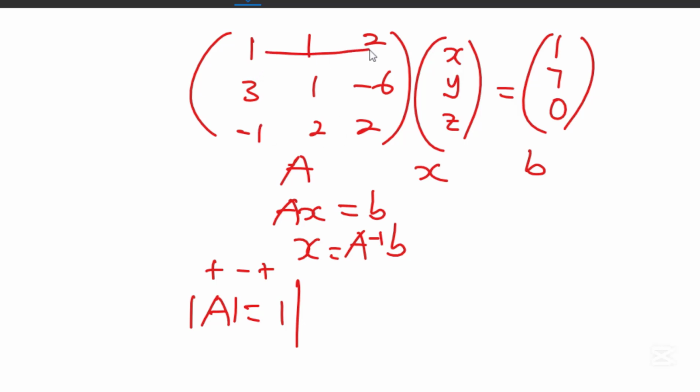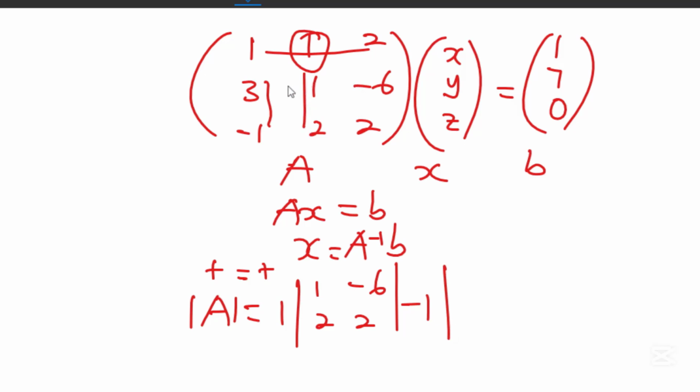So here we delete this and then we delete that, and it will be left with 1, negative 6 and then 2, 2. Then the next one is positive 1, but the sign is minus, so minus 1. Then we delete all entries in the row and column of that element. So we have 3, negative 6, negative 1, 2.